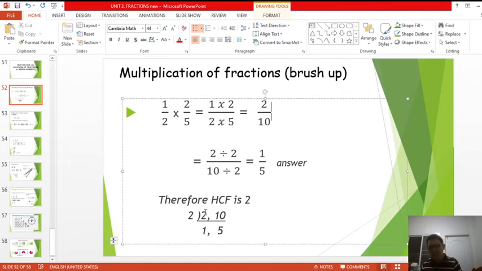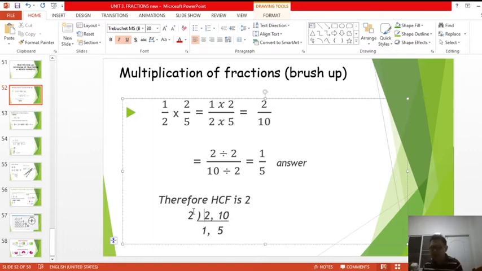Finding their HCF, or highest common factor: 2 divided by 2 is 1. I use 2 here because I can see that I can use 2. Then 10 divided by 2 is 5. Since it's the HCF, you cannot do anything anymore here, so you stop. Your HCF is 2.